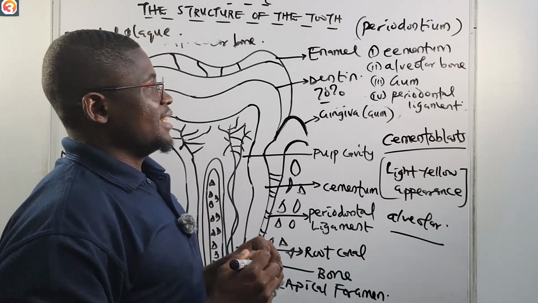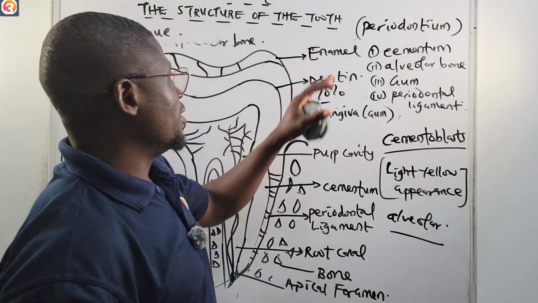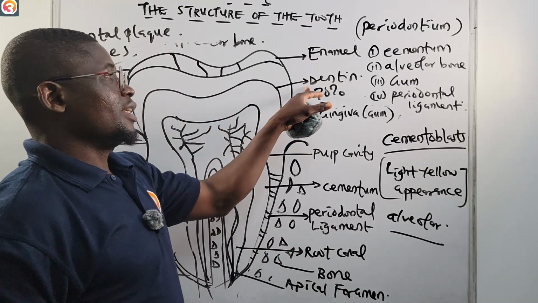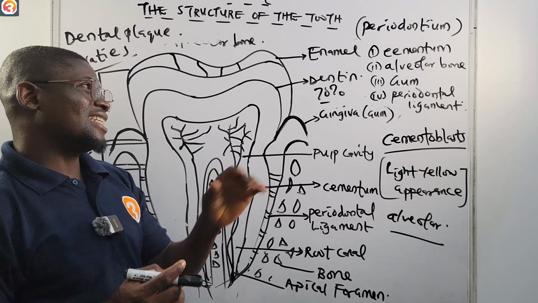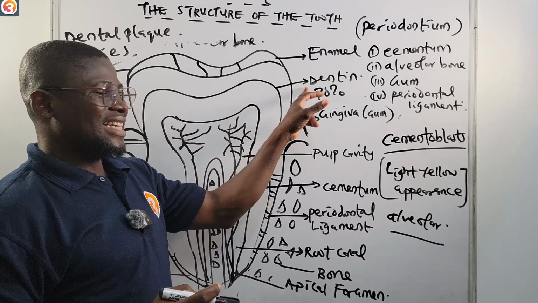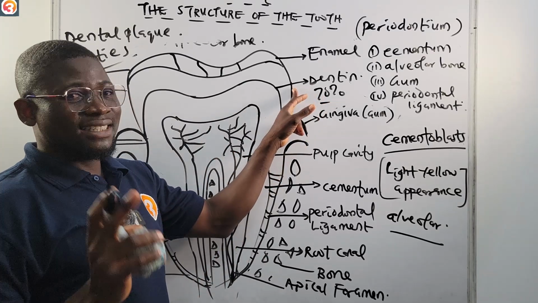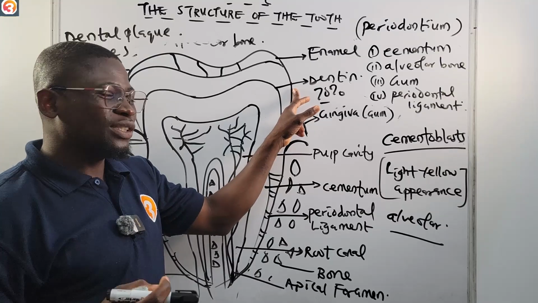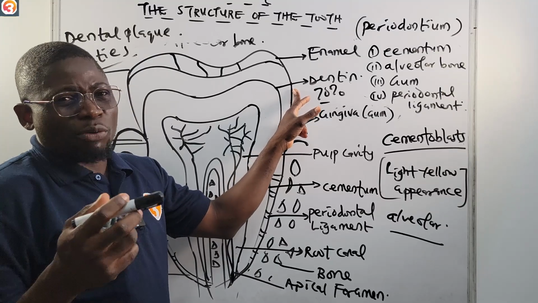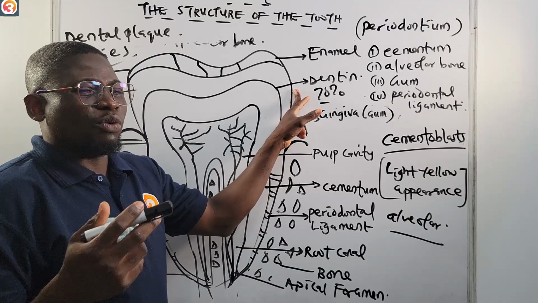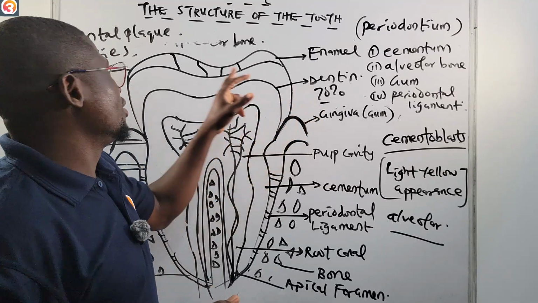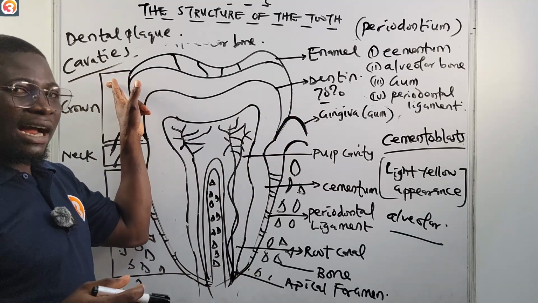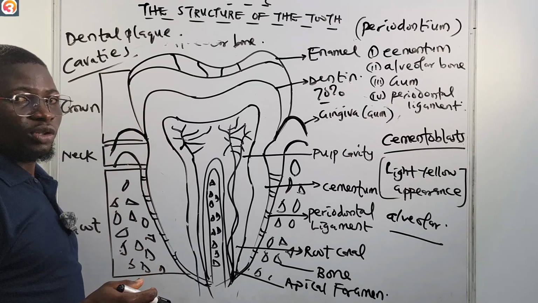Another tissue: we have looked at the enamel and the cementum. So the 3rd tissue is the dentin. Another very hardened tissue, it is a bone-like tissue that is deep to the crown and to the roots of the tooth.